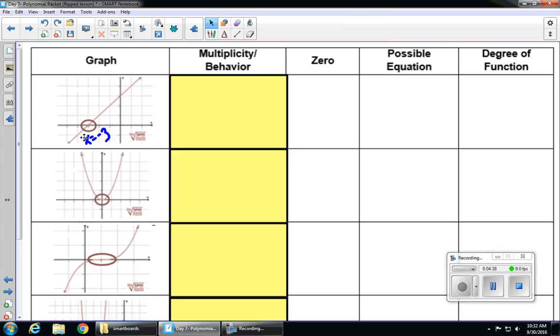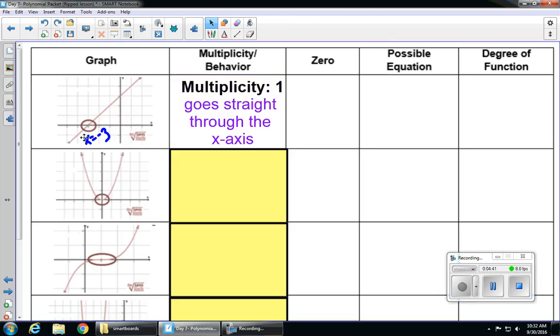So since this passes straight through the x-axis, it has a multiplicity of 1. So anytime we see something going straight through, we know that it has a multiplicity of 1. As we said in the definitions, a 0 is the same thing as an x-intercept. So our 0 here is x equals -3.